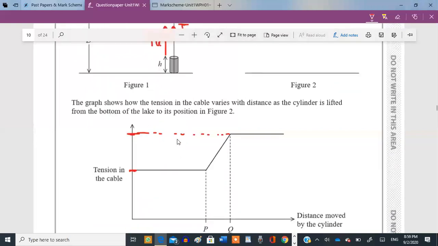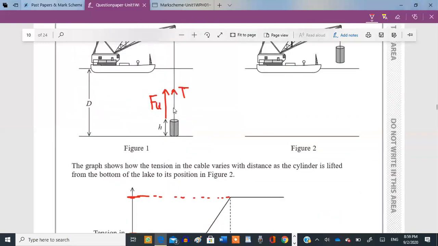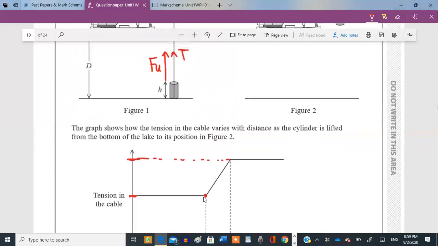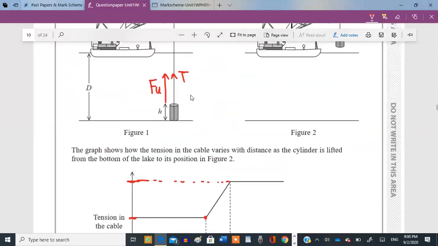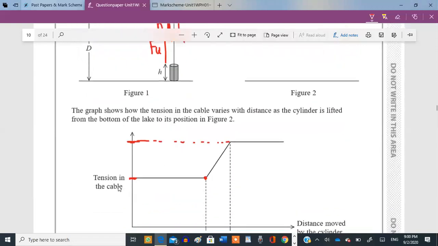But as soon as this block is moved upwards and it reaches this surface, that's the point where the tension in the cable reaches this constant value. And as long as this object is submerged inside the water, the tension will stay constant.